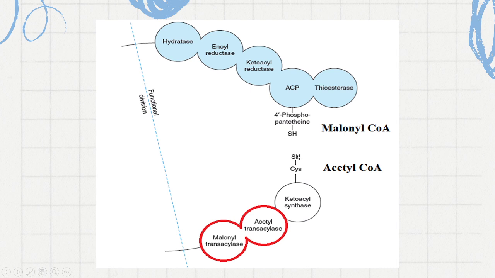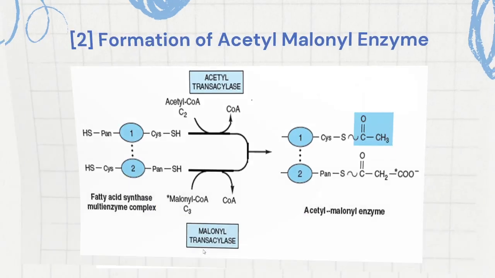Here, this end, the thiol group of the cysteine in this monomer, reacts with acetyl-CoA, while the other end, the thiol group of the 4-phosphopantetheine, reacts with malonyl-CoA. This reaction is catalyzed by acetyl transacylase and malonyl transacylase.